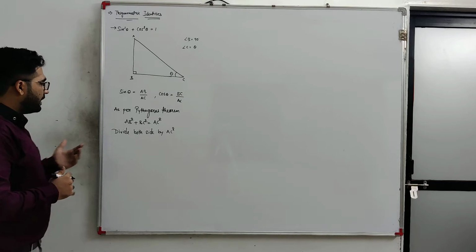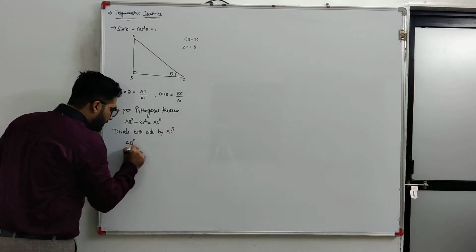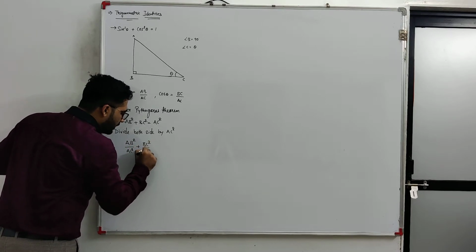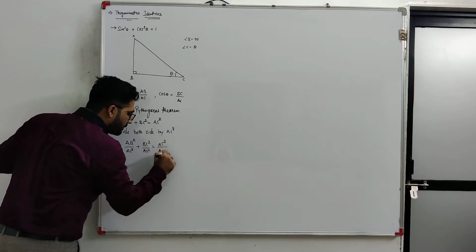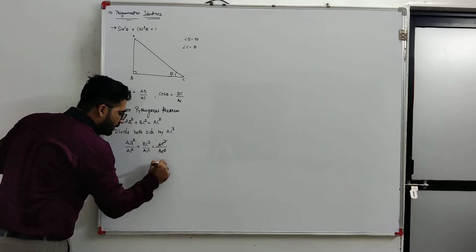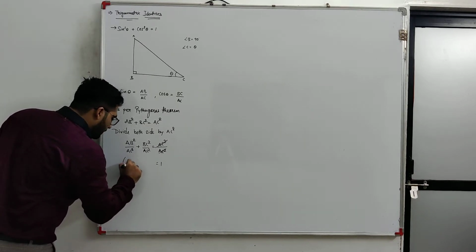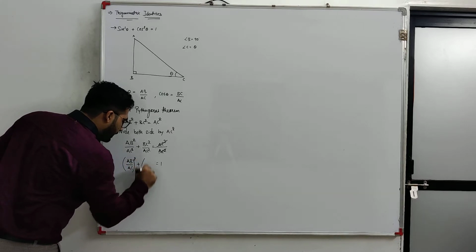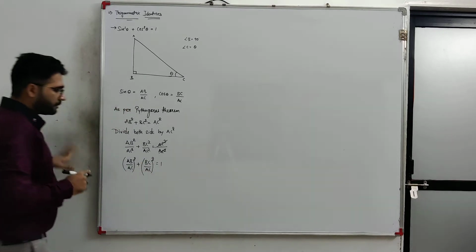I get AB square by AC square plus BC square by AC square is equal to AC square divided by AC square, so it becomes 1. Here I can write AB by AC whole square, and the same way BC by AC whole square.